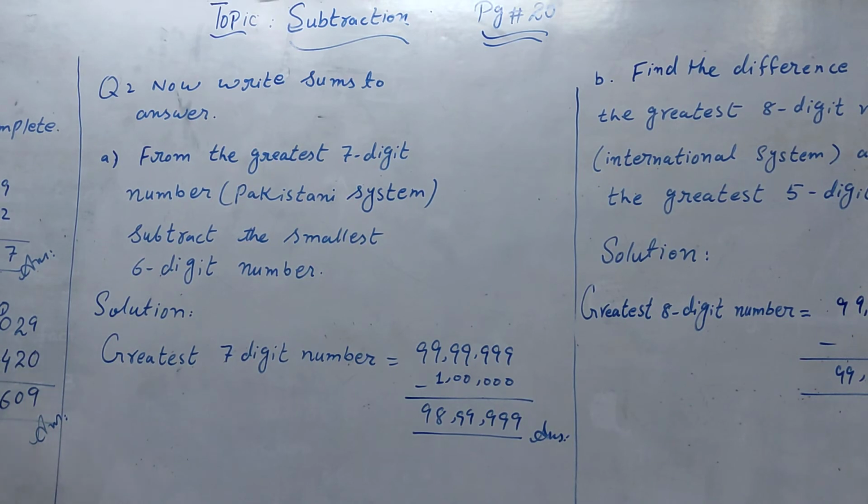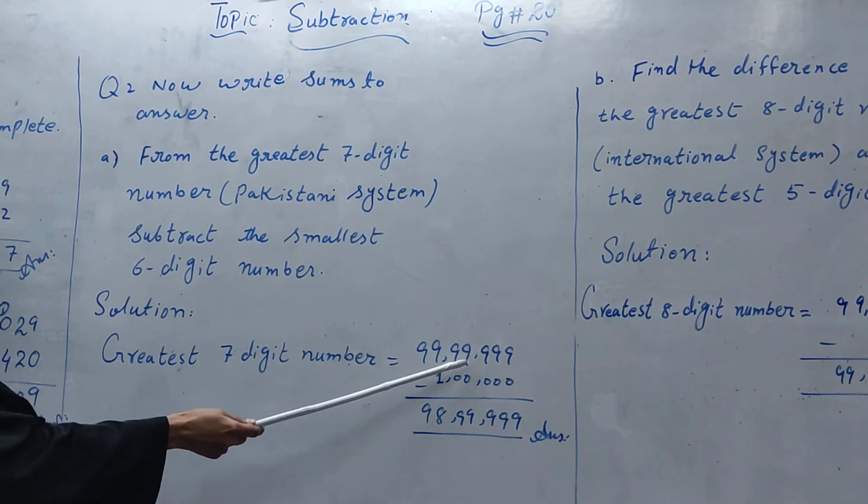Remember that the greatest number is made with the help of 9, because the greatest digit is 9. When you have to make the greatest number, you have to write as many digits as are required in your question. So here you have to make the greatest 7-digit number, so you have to write 7 nines.